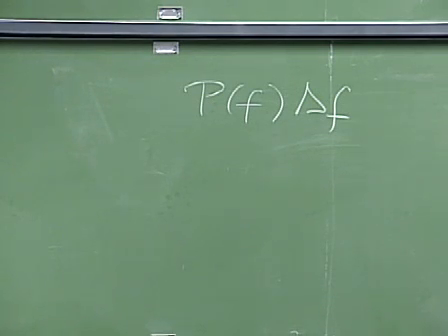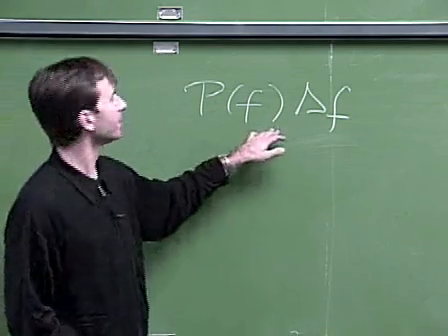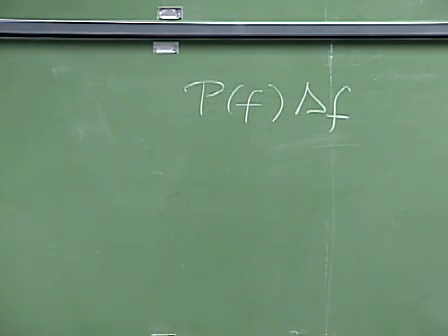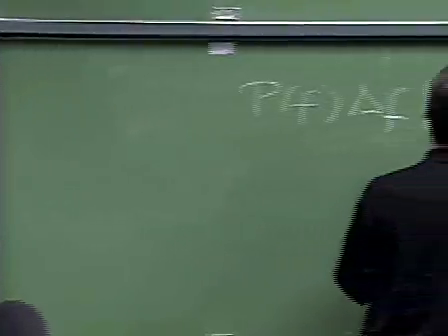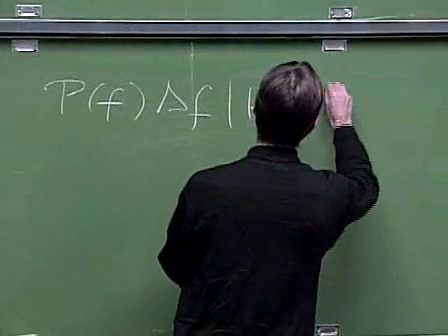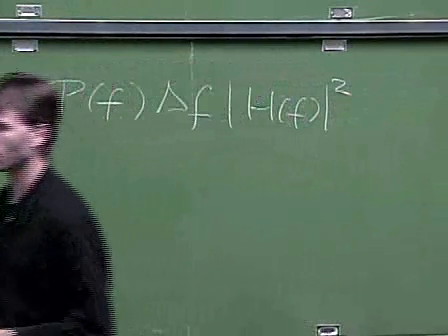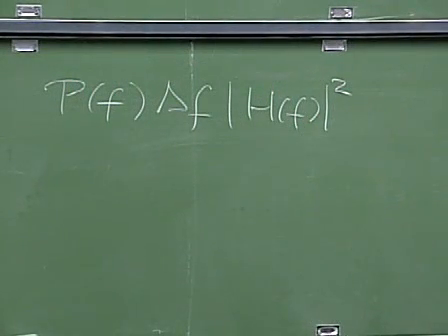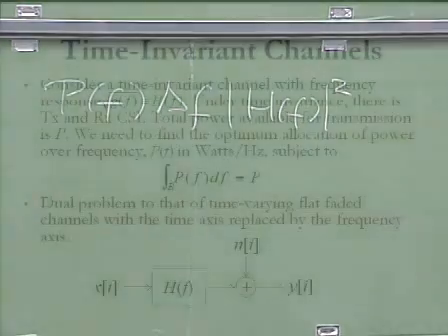And now how much noise do we have? By the way, this is the transmit power. Now this goes to the channel, right? So it's multiplied by the gain, which is H of F magnitude squared, since H may be complex. And how much noise do we have in that tiny interval of frequency?